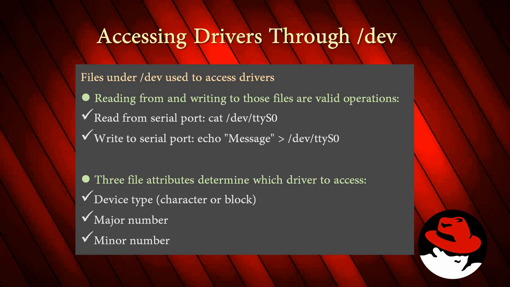For writing to a serial port, you can write a message with echo and redirect it to /dev/ttyS0. The three file attributes determine which driver to access: device number, major number, minor number. These are the attributes that determine drivers to access.